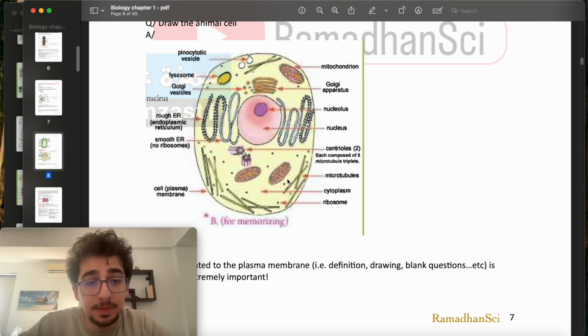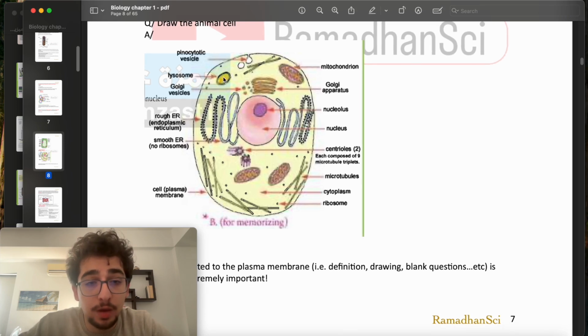So the cytoplasm is the fluid or the fluid-like substance that is found throughout the cell that other organelles float on. Okay? So you can imagine it like the fluid that other organelles bathe in. So everything here is the cytoplasm.